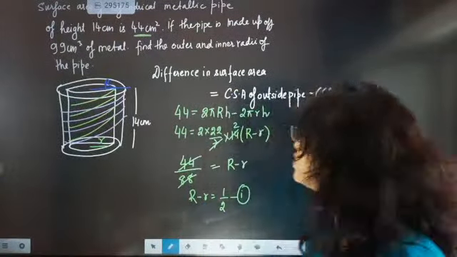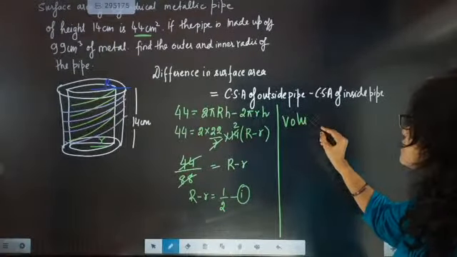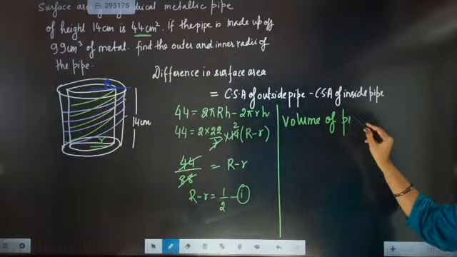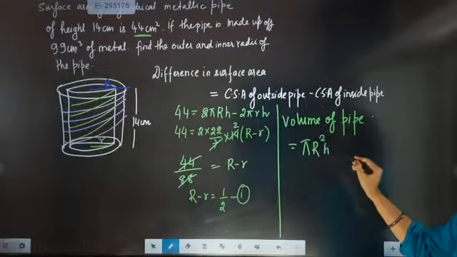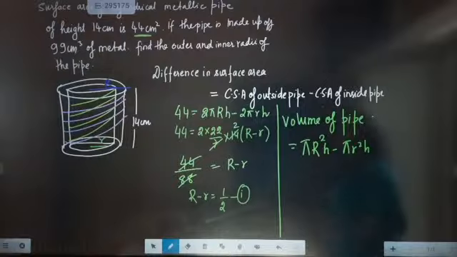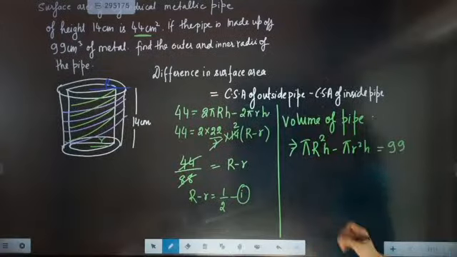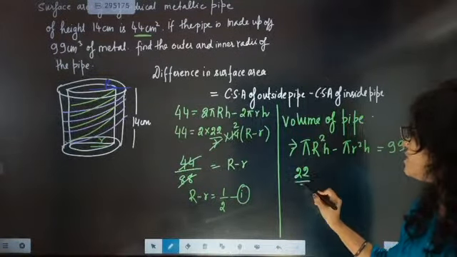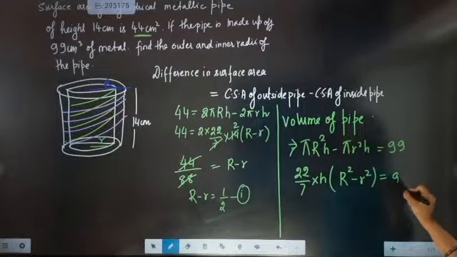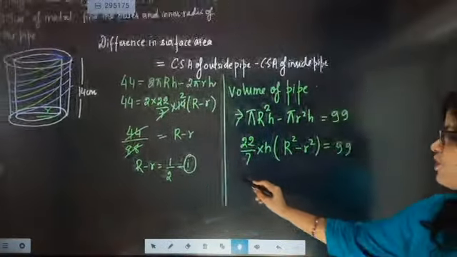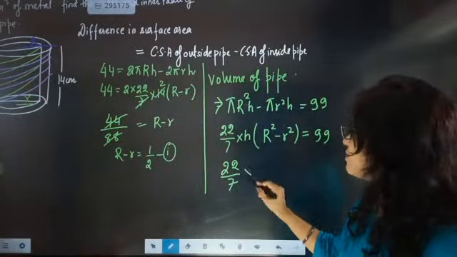So when we write, volume of pipe will be equal to pi R square h minus pi r square h, and the volume is exactly given as 99. So now 22 by 7 into h, here R square minus r square will be equal to 99. Now the most important thing is height given is 14. So 22 by 7, here height is coming as 14.